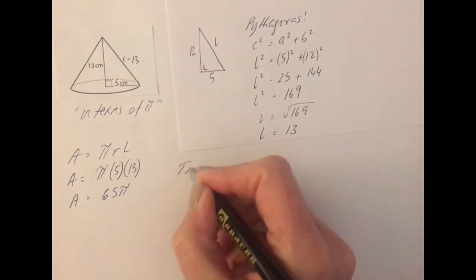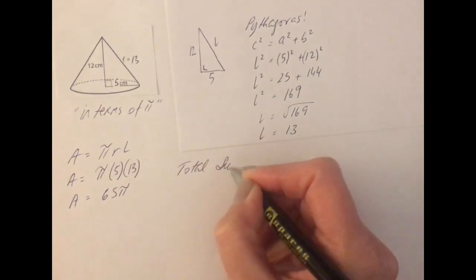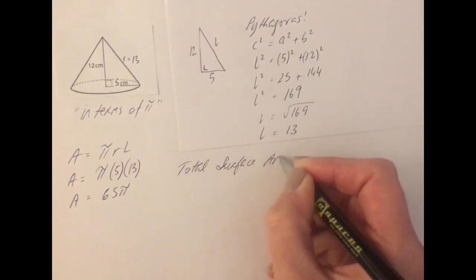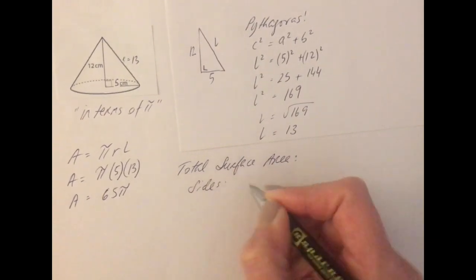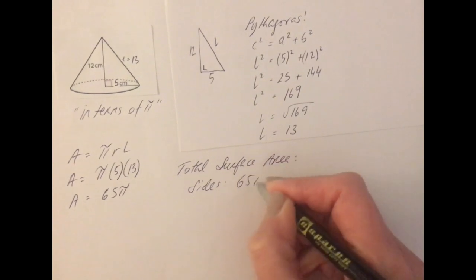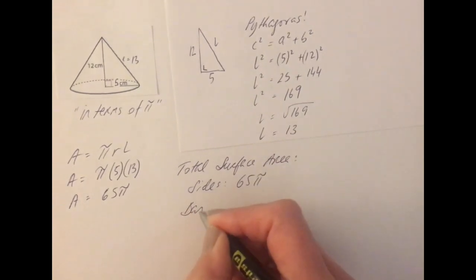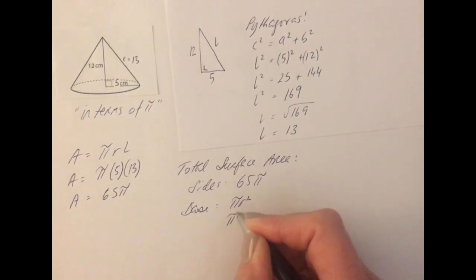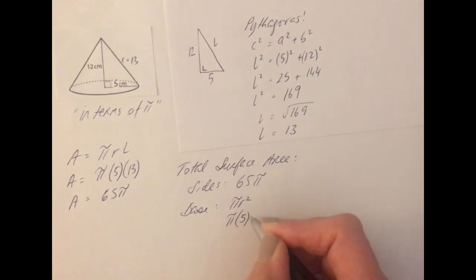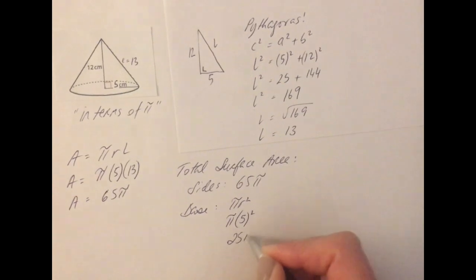For the total surface area, we want the sides, which of course is this, 65 pi, and of course the base, which is pi r squared, which is leaving pi as pi. The radius is 5, that is 25 pi.